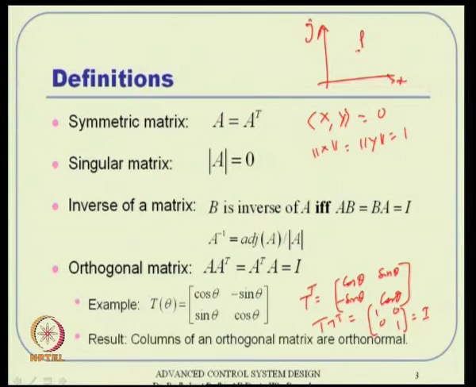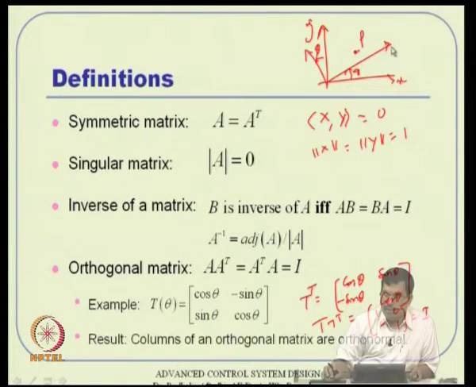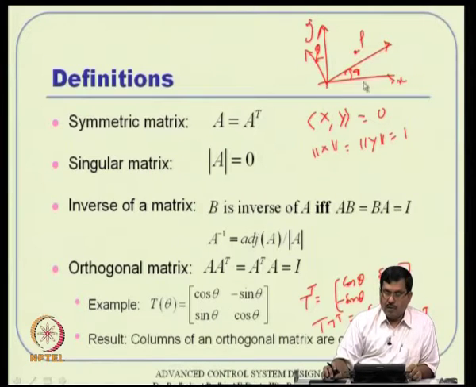Now, the question is, suppose I rotate this coordinate frame by angle theta, what is the same coordinate in this new coordinate frame? That is related to this matrix that you see here. In other words, the same point in the new coordinate frame will be this matrix times the old coordinate. So you will get the new coordinate. It is fairly easy to derive that as well.